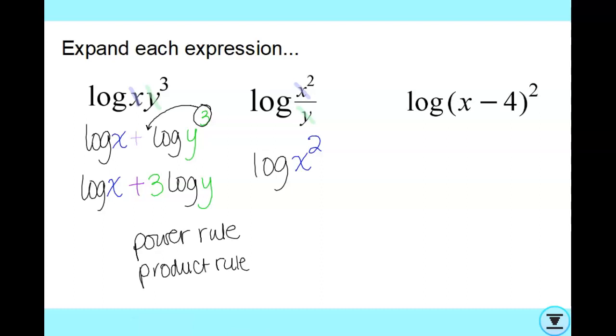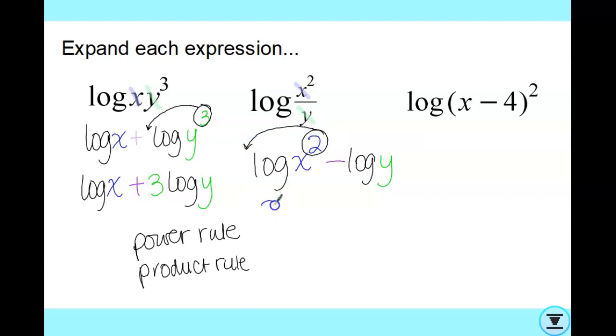So division is going to turn into subtraction. So this is going to be minus, and then we have log of y. Now the only other thing that we have to do is this exponent up here needs to become the coefficient out front.